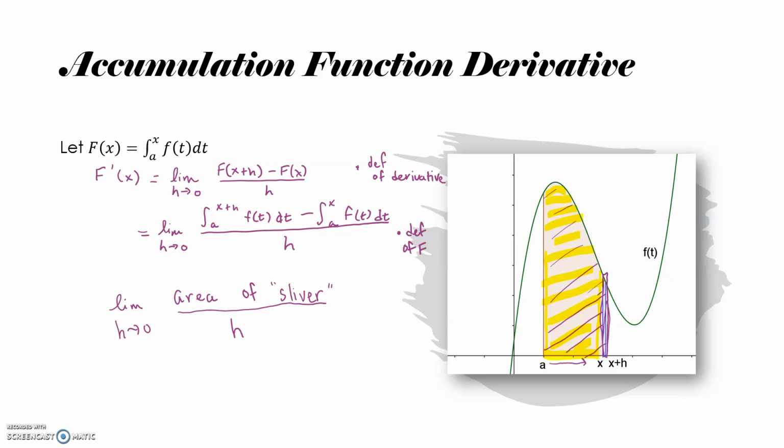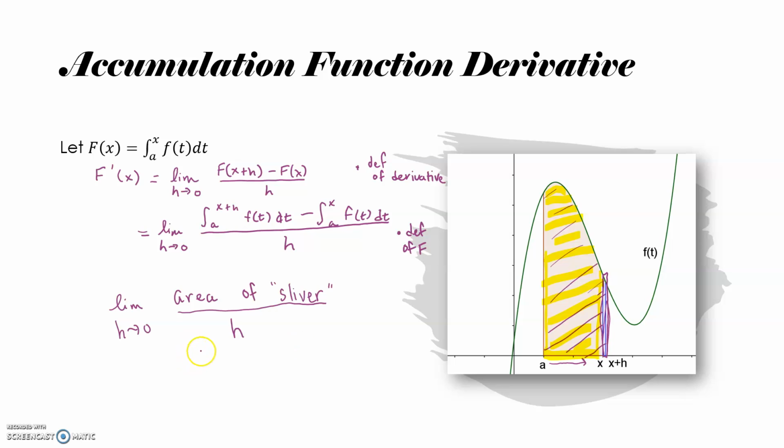So what I want to remind you about is the area of that little tiny sliver is base times height. So the base of that tiny sliver is h, and the height of that tiny sliver is f of x. Or f of x plus h, but since they're little tiny, midpoint, RRAM, LRAM doesn't really matter because the slices are so tiny.